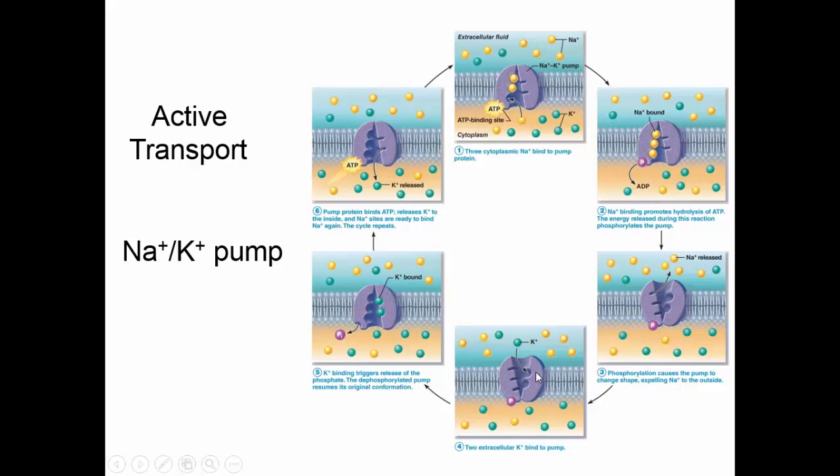Potassium will come into the carrier protein, and because this change of the protein shape was very temporary, it will go back to its normal position, which is open to the inside of the cell, and it will pump those potassiums in. The protein carrier is now available, and if there's ATP available, we can pump 3 more sodiums out and 2 more potassiums in.